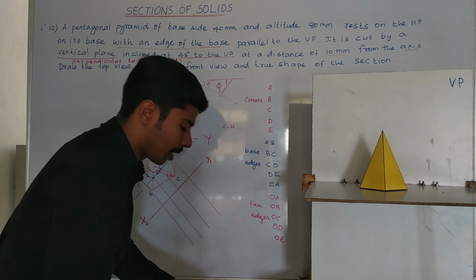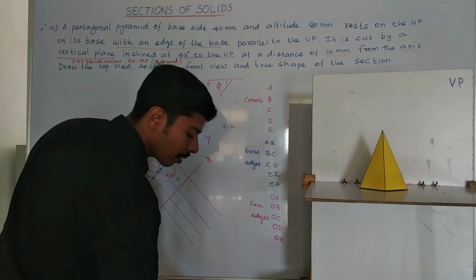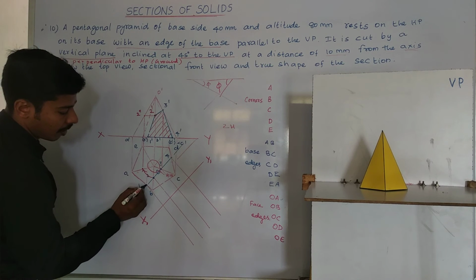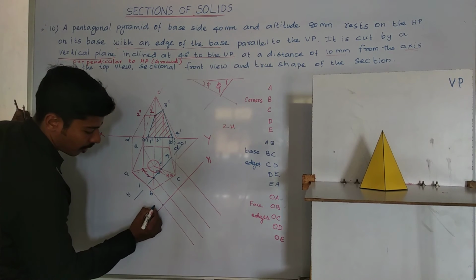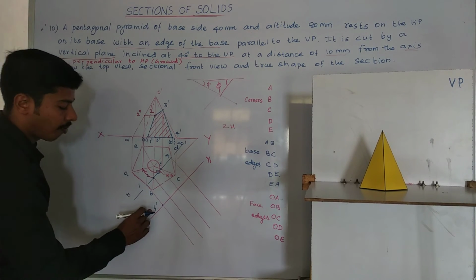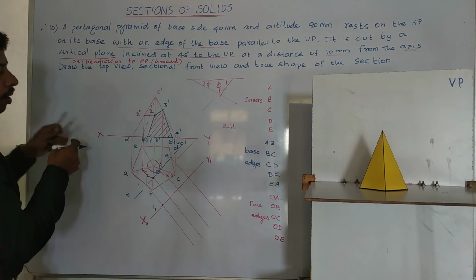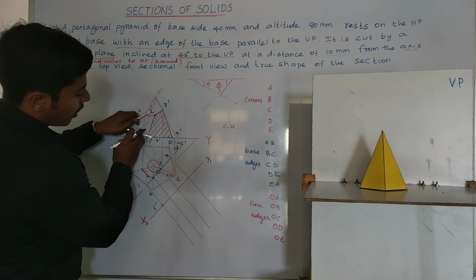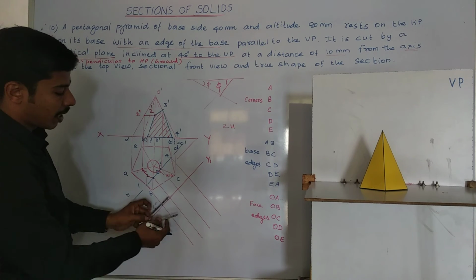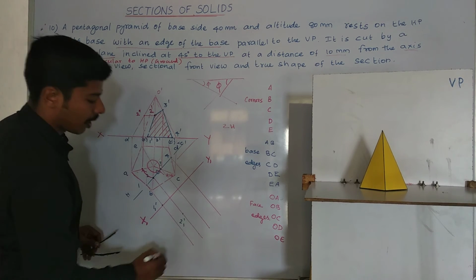Now 1 is on the XY line, so this is 1 dash. We are projecting from the top view, and as we are projecting from the top, we take measurements from the front. For 2 dash, measure the distance of 2 dash from the old reference line and then mark it in the new reference line. That is 2, 1 dash.